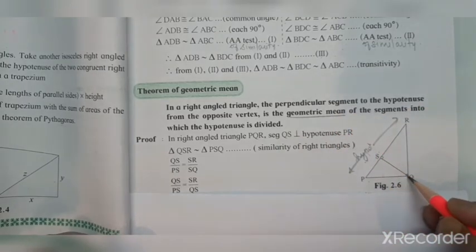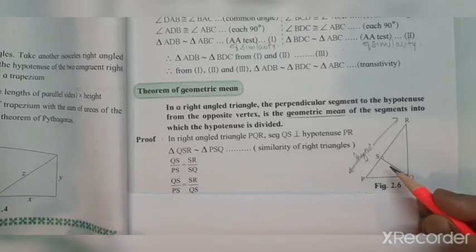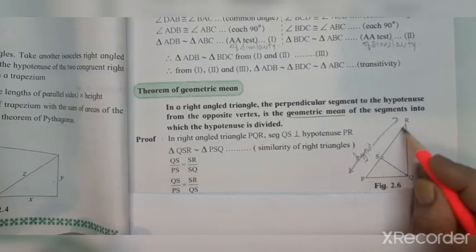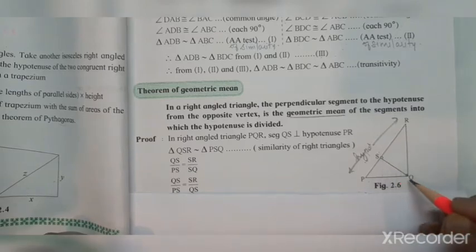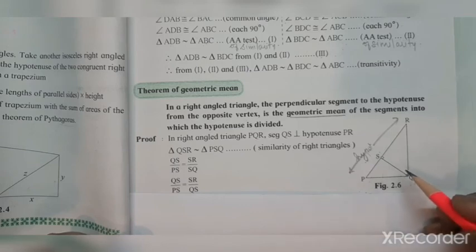Can you see here QS is a perpendicular drawn on the hypotenuse from the opposite vertex Q. So they are talking about QS. Okay, they are talking about QS. So QS is the geometric mean of the segments into which the hypotenuse is divided.